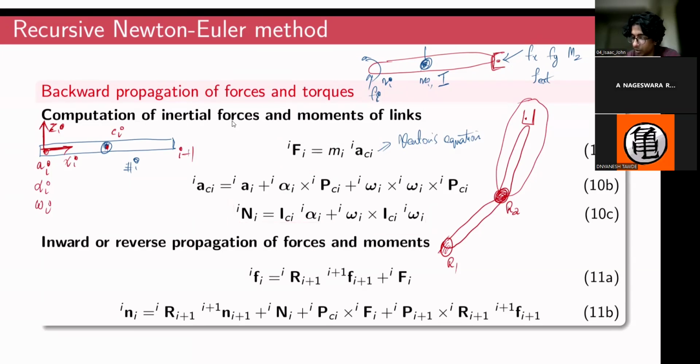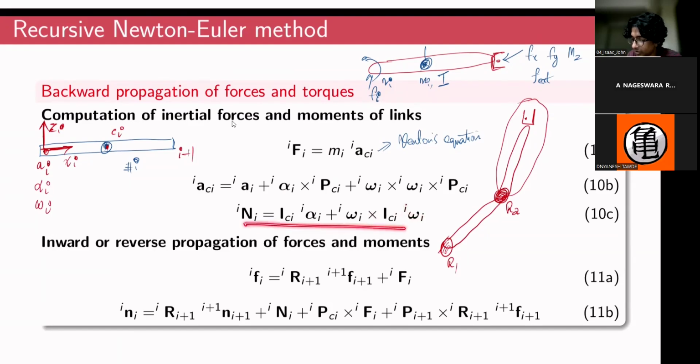So the inertial moment can be obtained by the Euler equation, which is the moment of inertia multiplied by the angular acceleration of the ith point, plus omega i cross I multiplied by I omega i.